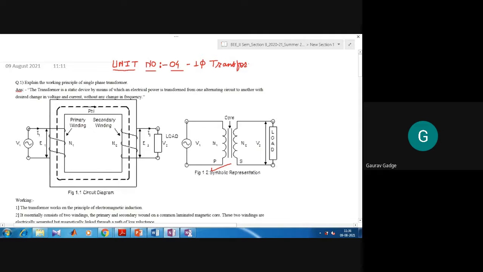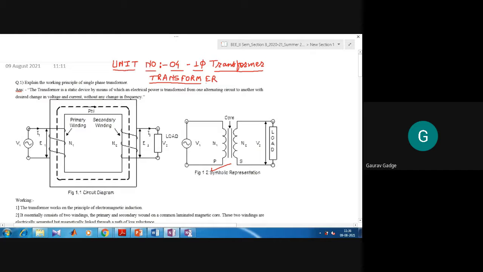Now generally the definition of this transformer is given based on its name. जैसे यहाँ पर आप देख रहे हो, this name is basically made up of two different words: transform and ER.